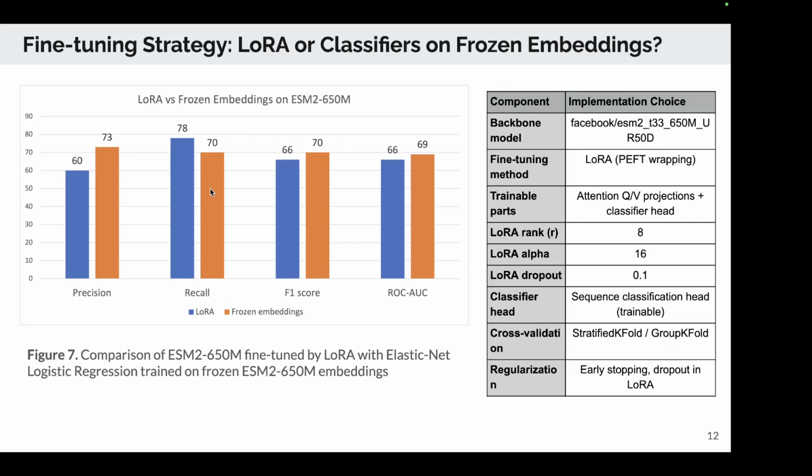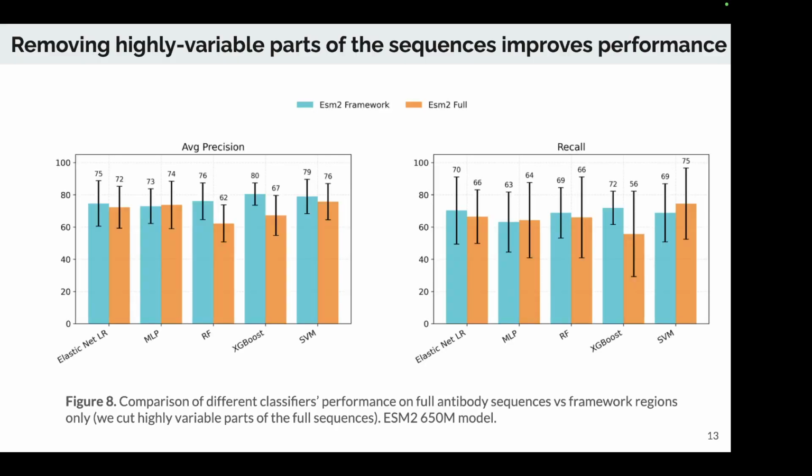The only benefit of using LoRA was in recall, but in this task we care about precision far more, and we want a more balanced model in the end. Plus, frozen embeddings are computationally less intensive, so we chose to move with frozen embeddings. And I believe the main issue with LoRA here is the dataset size, so it just overfits easily.